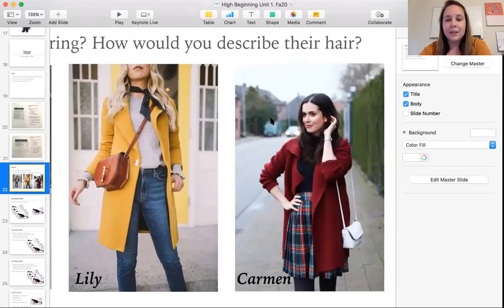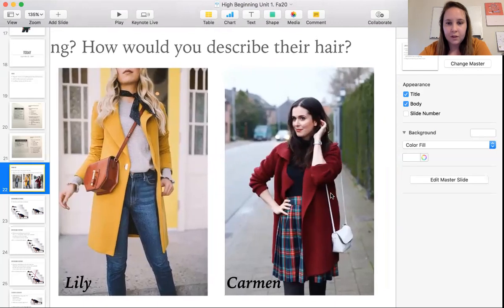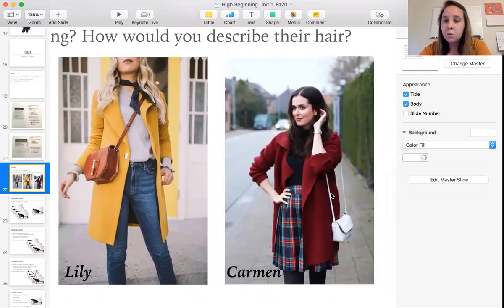And last, we have Carmen. So what is Carmen wearing? Okay, she's wearing a long red coat, a short blue and red and green plaid skirt.